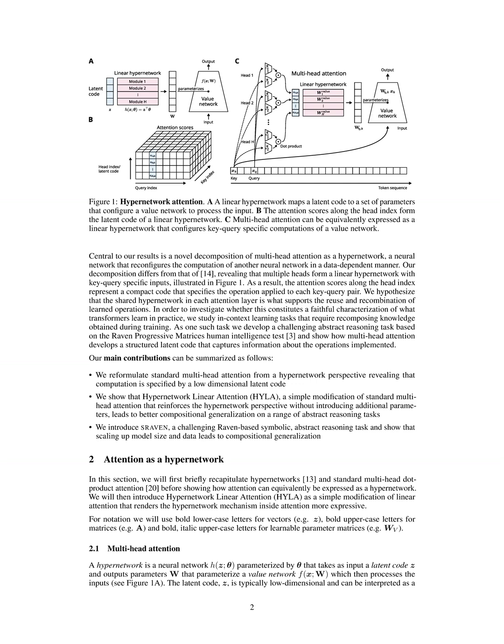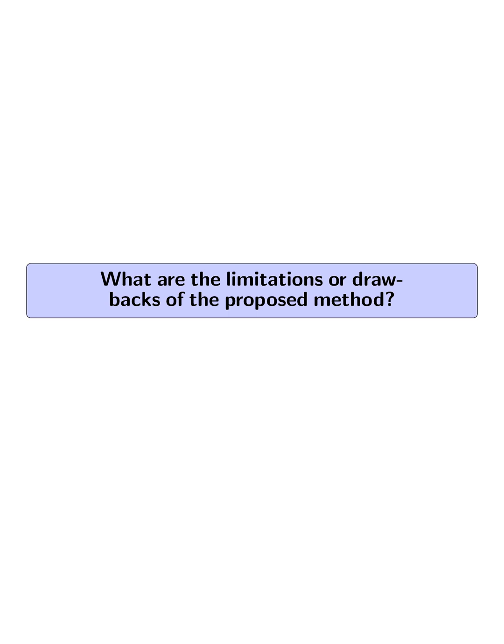Overall, the HYLA model and the hypernetwork perspective of attention provided insights into how multi-head attention can configure compositional computations in the value network, leading to improved performance on abstract reasoning tasks and shedding light on the inner workings of transformers.